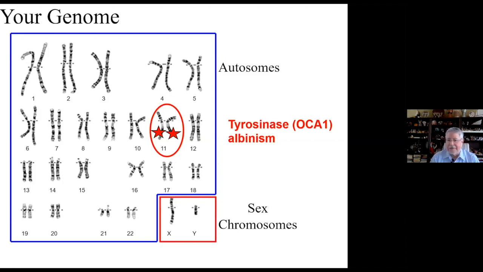In particular, since it's tyrosinase, that person will have oculocutaneous albinism type 1. If that person only has one of those copies that inactivates the tyrosinase gene, then that person is a carrier for albinism. That person doesn't have albinism, and that person is pigmented.